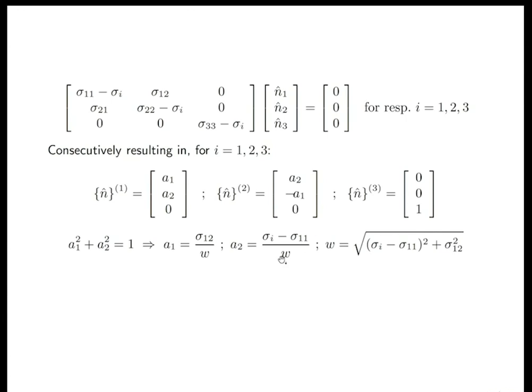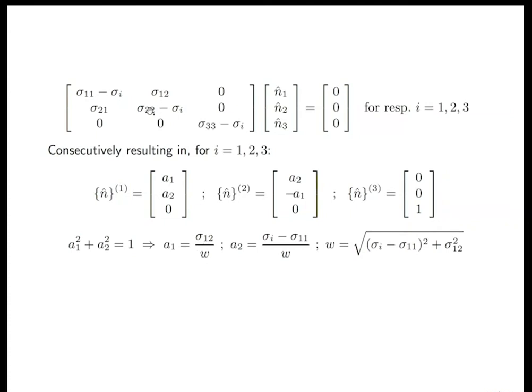But I first wanted to say something else here. The sigma, how do we get this? The n1, a1, sigma 1, 2 comes from here or from here. So take the second row, sigma 2, 1 equals sigma 1, 2. Sigma 1, 2 times n1 gives you one of those relations.